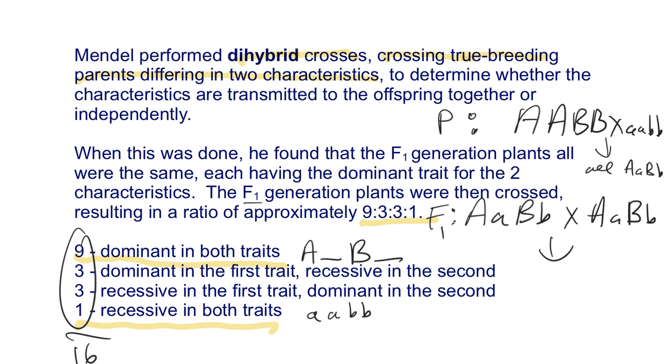These add up to 16. You get 3 out of 16 that were dominant in the first trait and recessive in the second, and 3 out of 16 that are recessive in the first trait and dominant in the second trait. Now, when I put a little slash here, that means it could be big B or little b. I should have told you that.